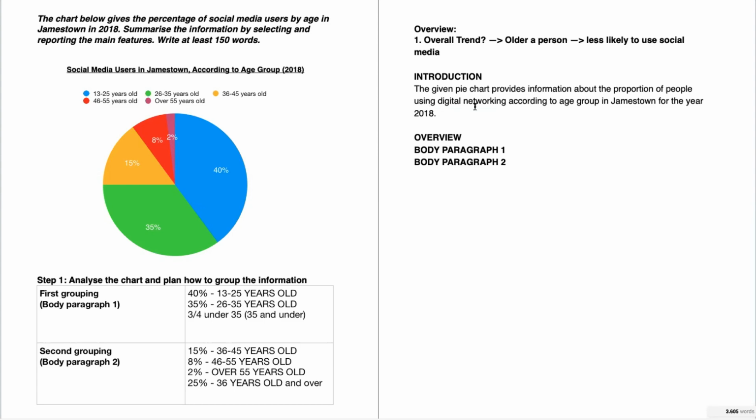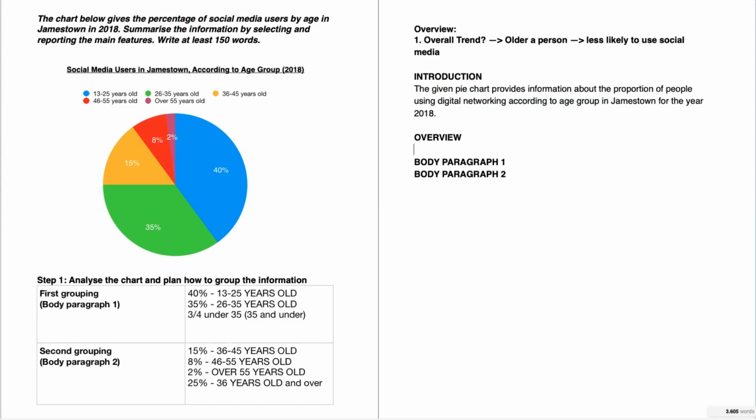So don't be afraid to use synonyms here. And it says by age in our prompt, I've said according to age group. And of course, I've said in Jamestown for the year 2018. And that is basically a simple paraphrasing of what we see in our prompt. Again, with time and practice, you'll get a lot better at using synonyms and different ways to paraphrase.